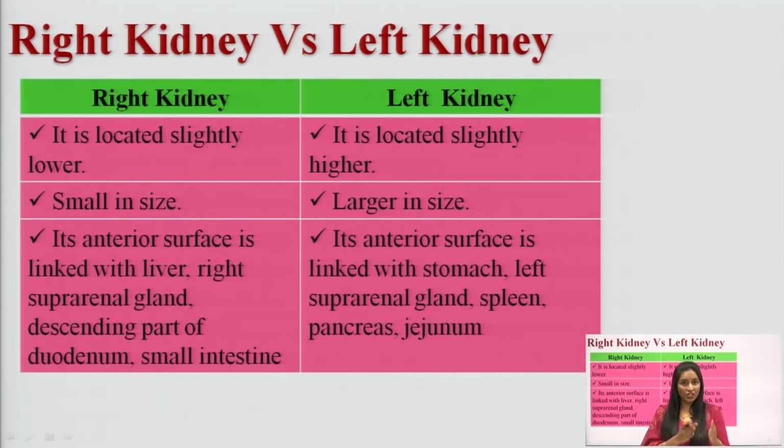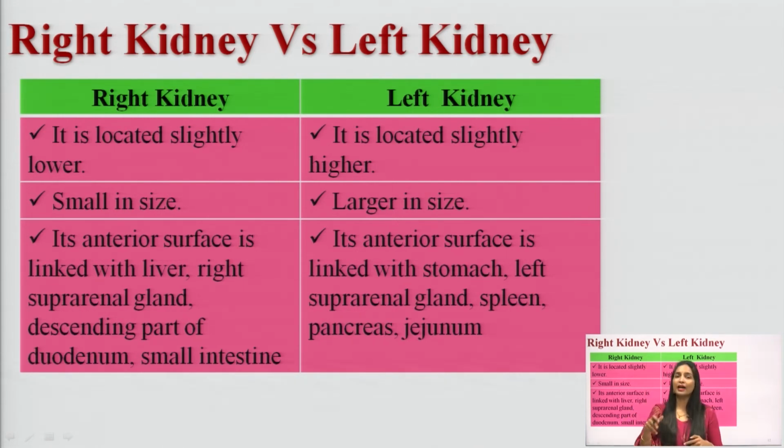If I am talking about the position, the anterior portion of the right kidney is linked with the liver, and the right kidney is small in size because of liver asymmetry inside the abdominal cavity, which I explained in the previous slide.